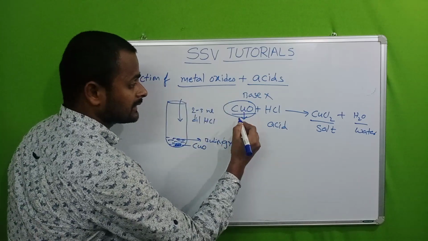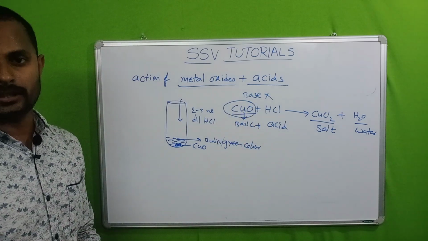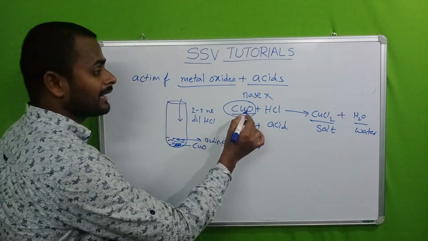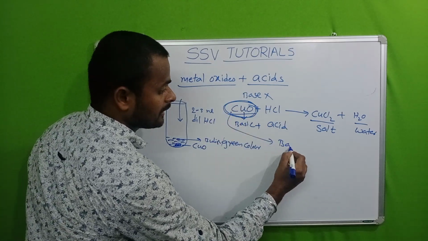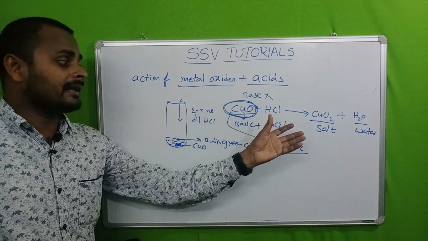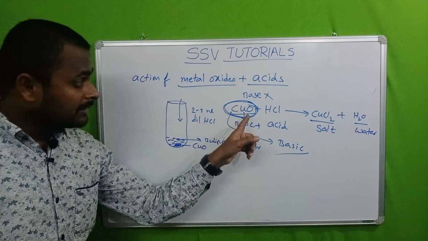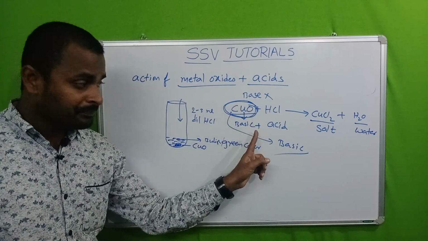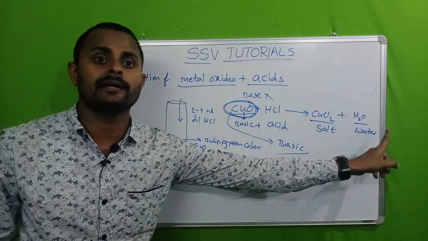So this copper oxide is what in nature? Basic in nature. That means metal oxides have which nature? Basic nature. So all metal oxides are basic in nature. That is why when this metal oxide acts as a base with hydrochloric acid, the products formed are salt and water.